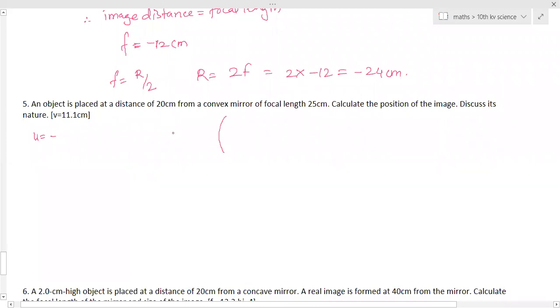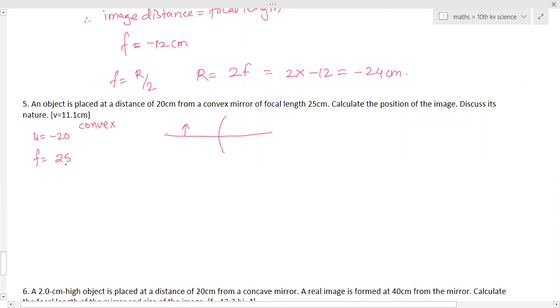On the left, so minus. So it is minus 20. Then F is equal to 25 centimeters, plus, since it is a convex mirror. Plus 25.